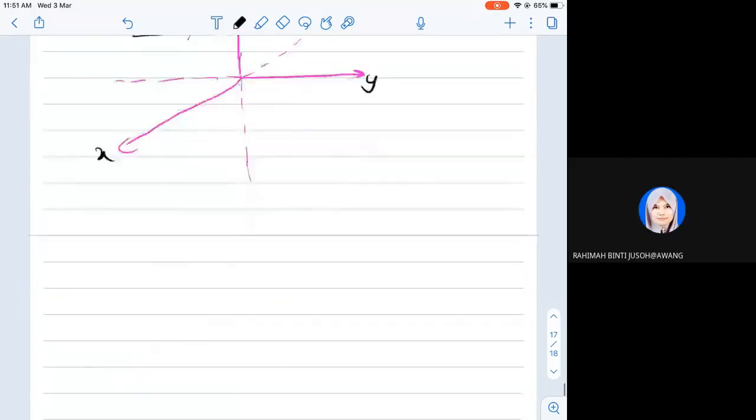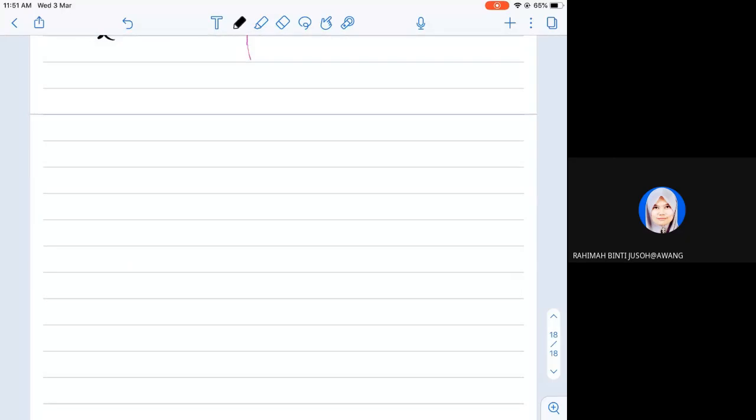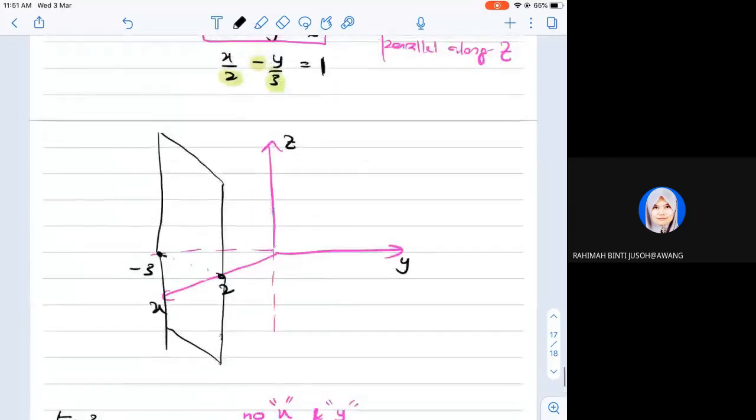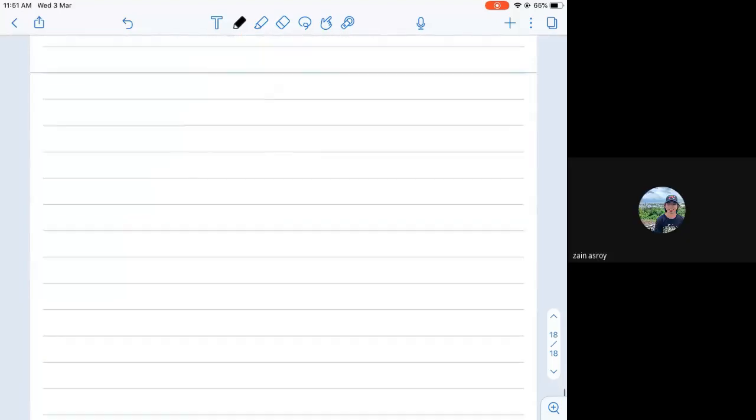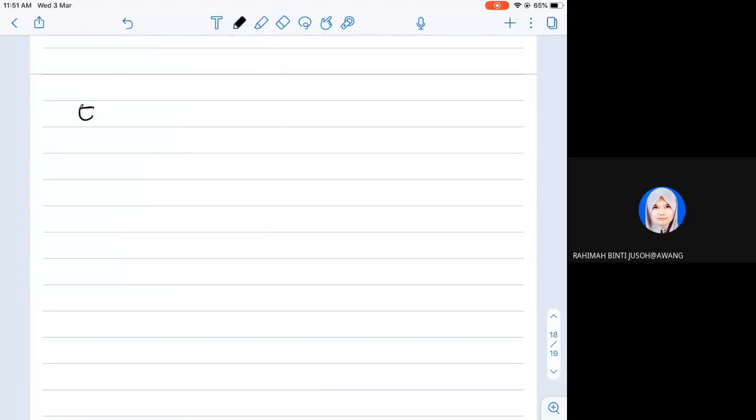Faham. Okay, next, what if we have this type of question? Tadi kita buat ni pada Z. Okay, you try this one. Example 4: Sketch 2x equals to 10 minus 4z in 3D.